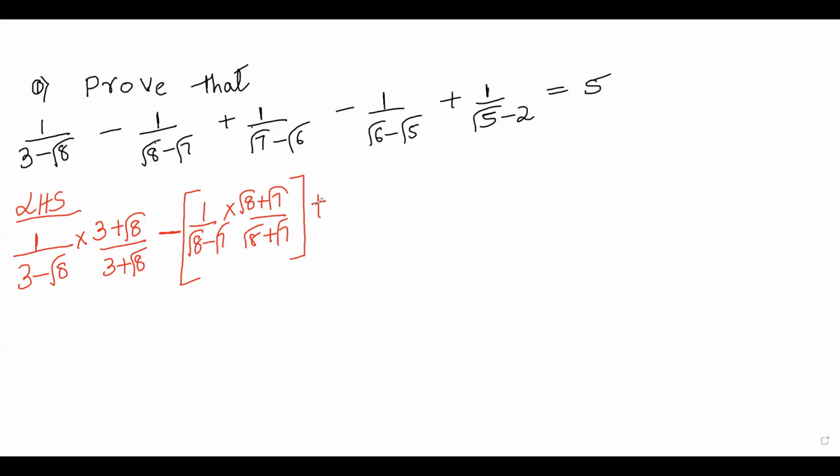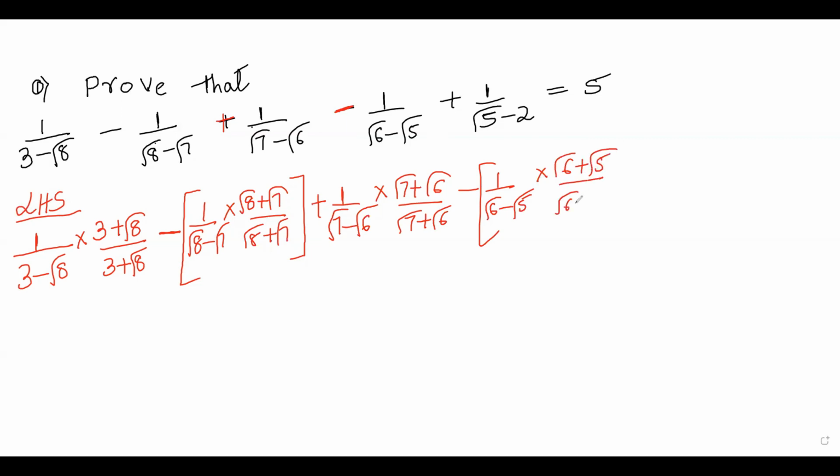Now this is plus, so no need to put any bracket, directly you can write down. Rationalizing factor is root 7 plus root 6. The next term is minus, put bracket, now the last term is plus, no need to put bracket.